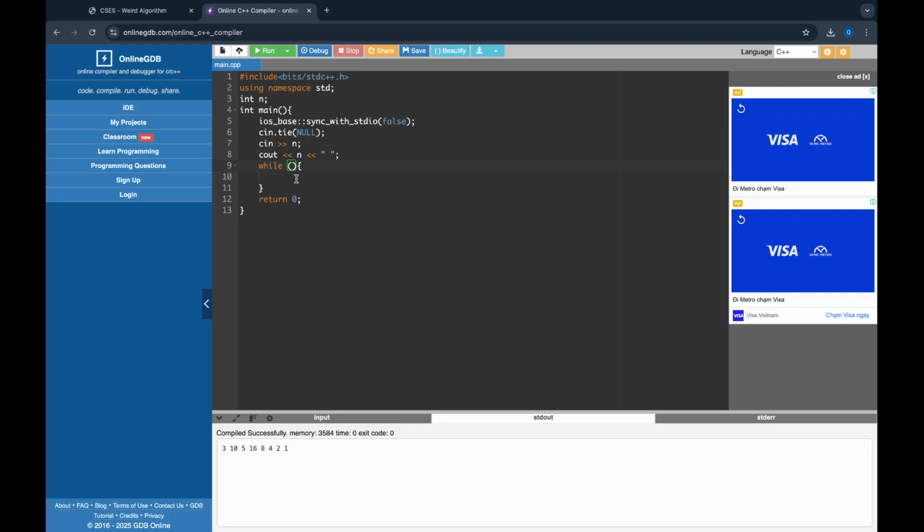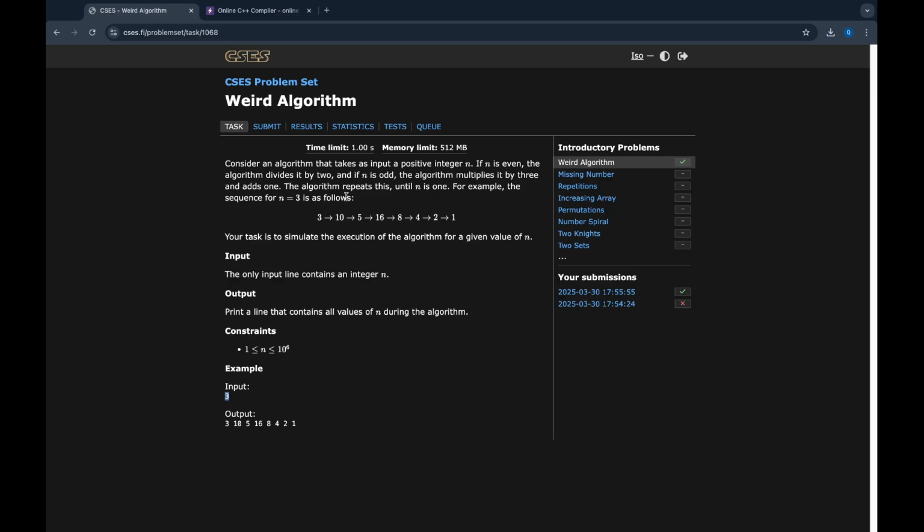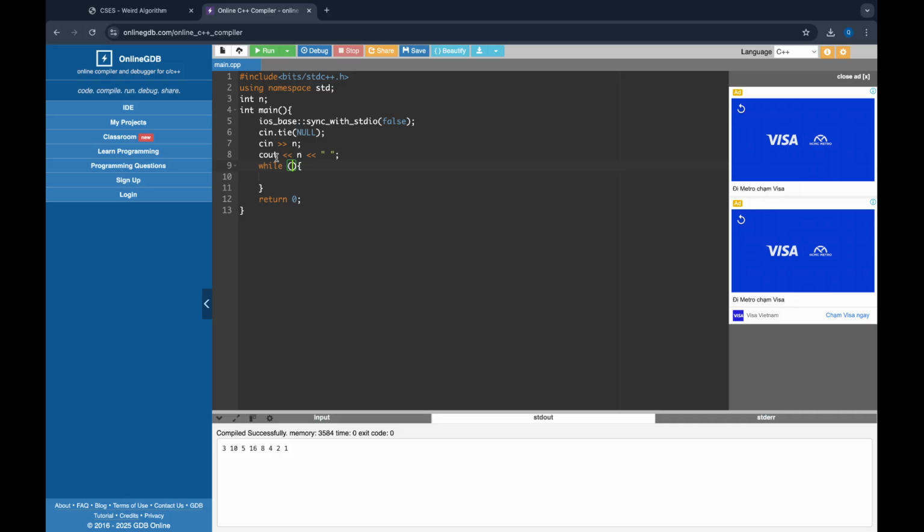Let's make things clearer. So the problem states that we're gonna repeat this action until n is 1. So the condition for this loop to run is while n is larger than 1, and this algorithm still will continue to work.